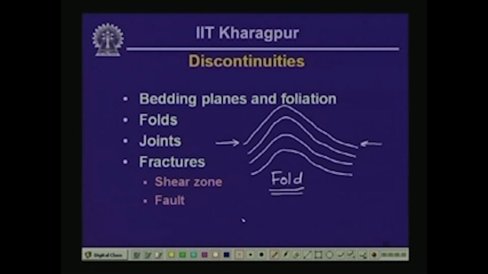Then you could have joints. So what are joints? Joints are basically static discontinuities.